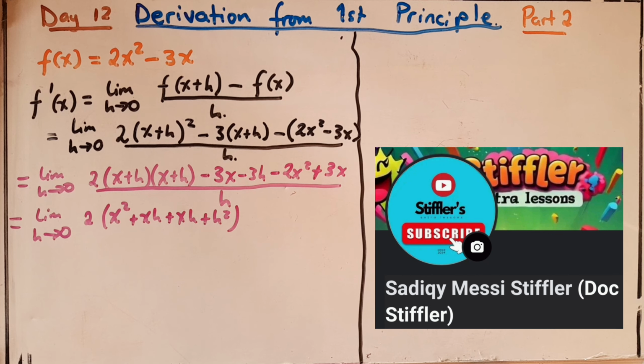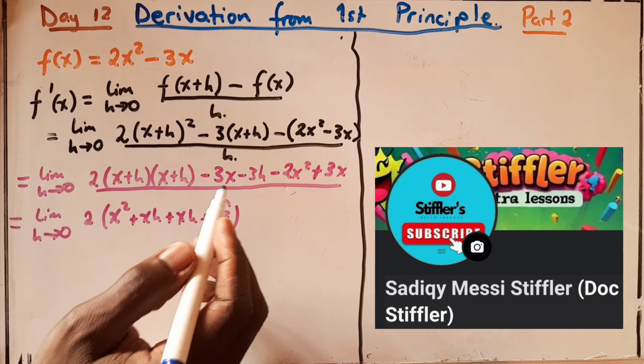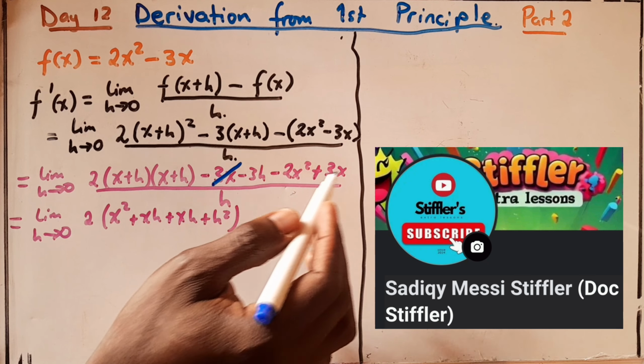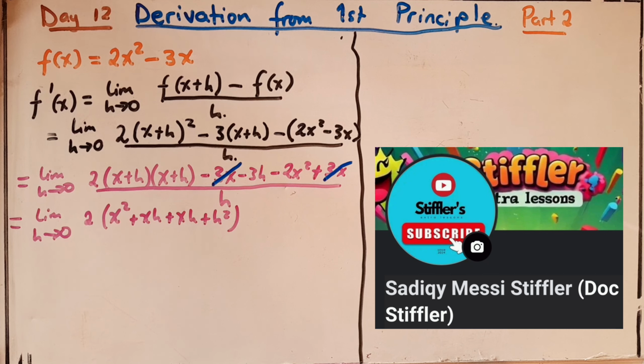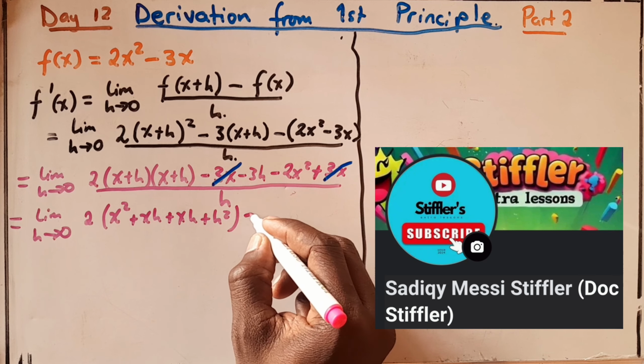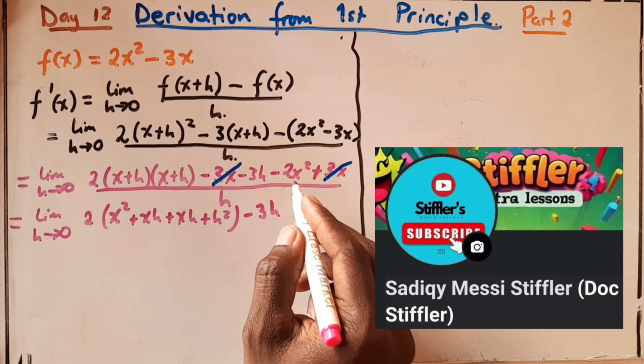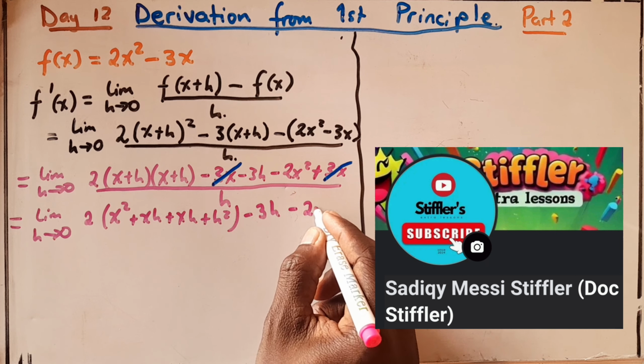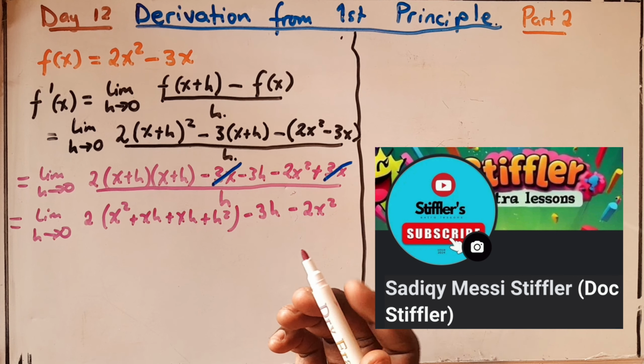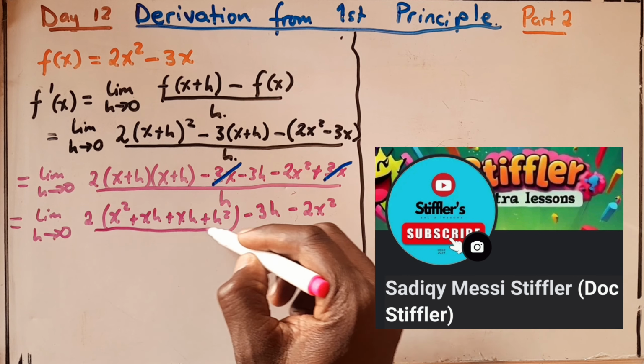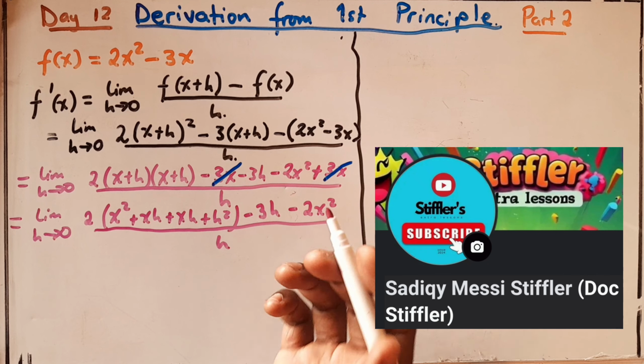So now again we can see that there is already something that is the same that you can cancel out. So negative 3x and the 3x will cancel out, right? And we'll be left with, here, that's minus 3h and then minus 2x squared. Don't forget that we're still having this h here.